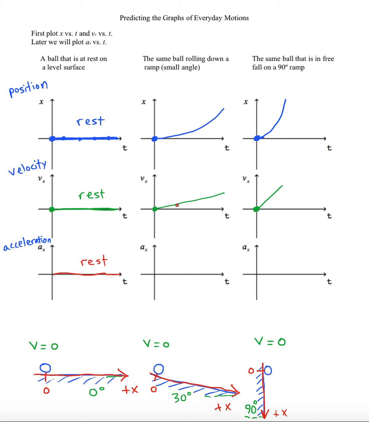Here we see that this graph actually does have a non-zero slope. And notice that it's a positive slope. So we want our acceleration to be a positive, consistent value. So there is acceleration here. Whereas we had no acceleration in this case.